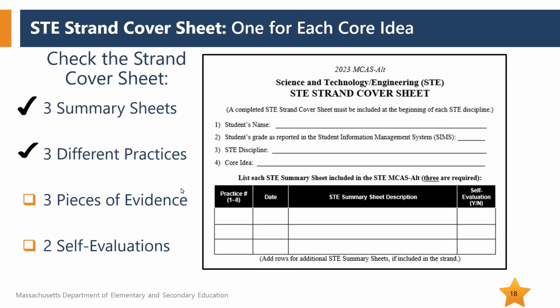Are there 3 different practices? Well, I can look down where it says practice number and make sure there's 3 different numbers. 3 pieces of evidence should be there with your summary sheets, and at least 2 self-evaluations. You've given the student opportunity to reflect on their work.